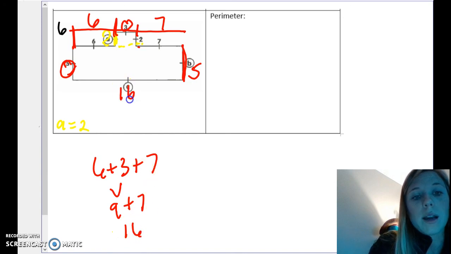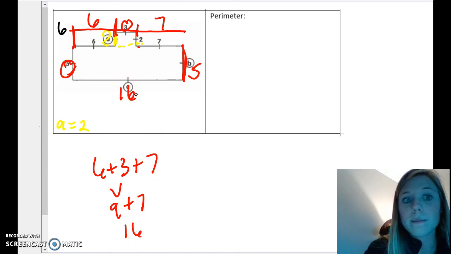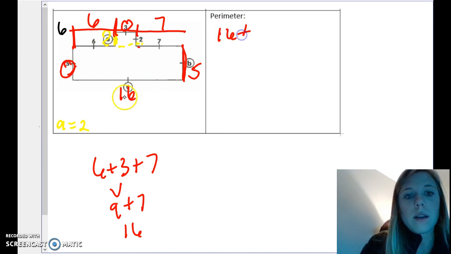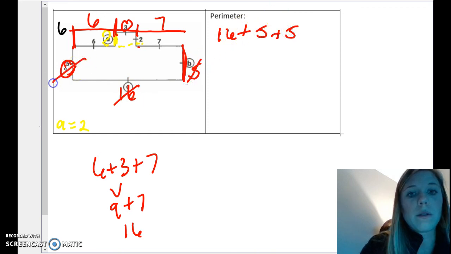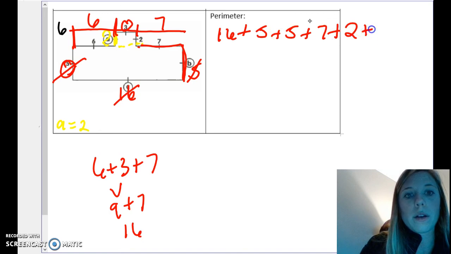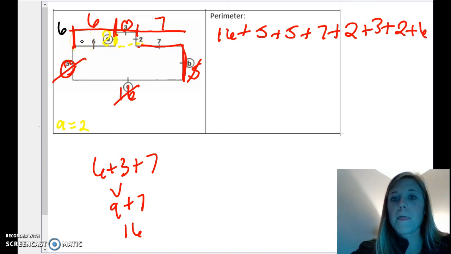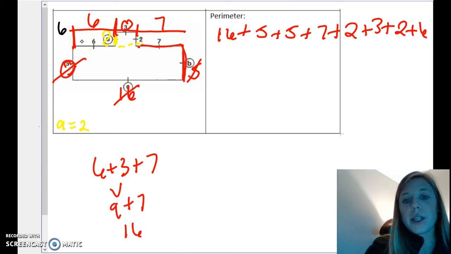So this whole side has to be 16. Then I need to add up 16 plus 5, plus the other side 5 too, plus this side 7, plus 2 going up, 3 going across, 2 going down, and 6 going across right there. Once I add all those up, I should get an answer of 46 units.